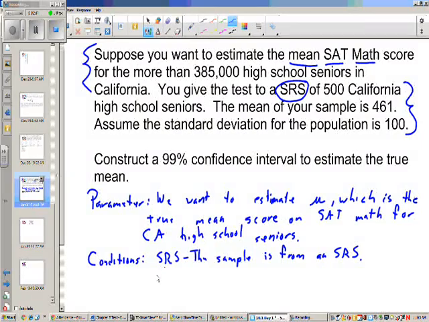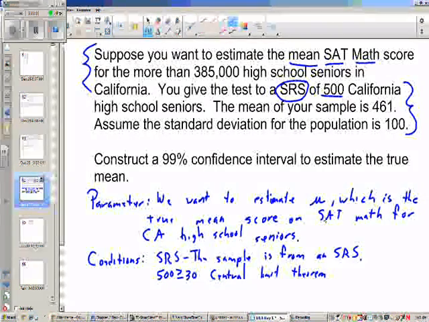Next thing we want to look at is normality. Well, there's 500 scores. 500 is greater than 30. So the central limit theorem tells us that the sampling distribution would be approximately normal.